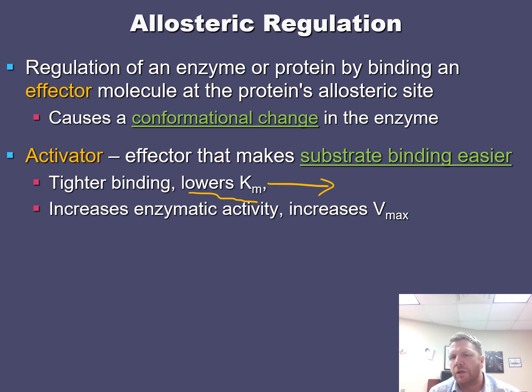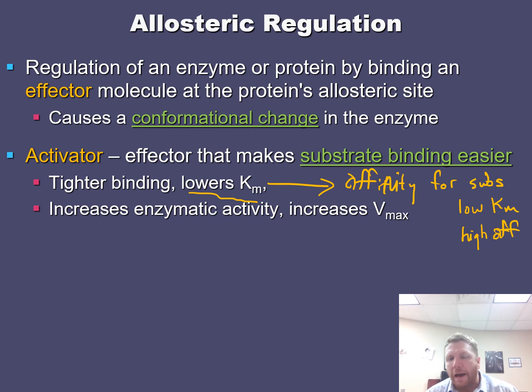Km is a measure of the enzyme's affinity for the substrate. This sounds backwards, but a low Km means high affinity, and a high Km therefore means low affinity. So an activator is going to lower Km, and it's also going to increase the Vmax.